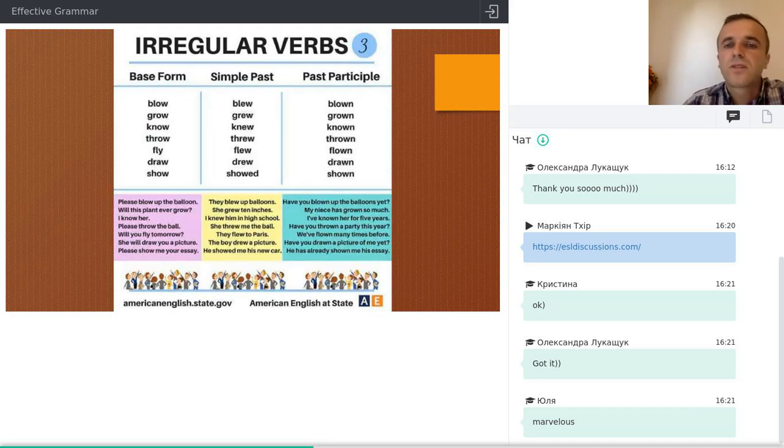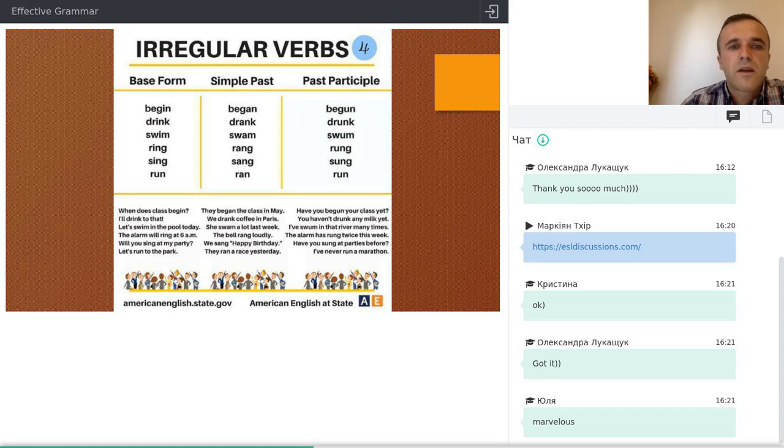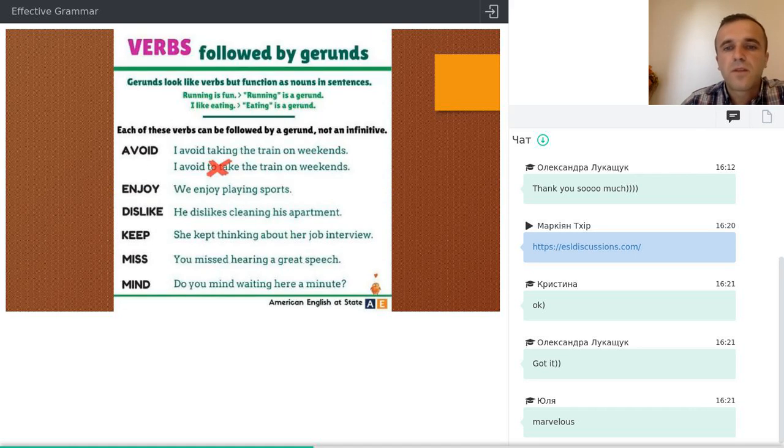I'm trying to discuss this topic with my students. You see that there are colorful pictures, even for irregular verbs. It's a very cool addition.